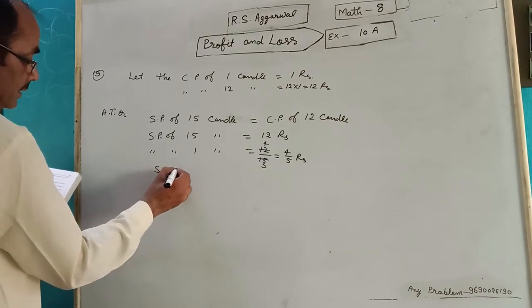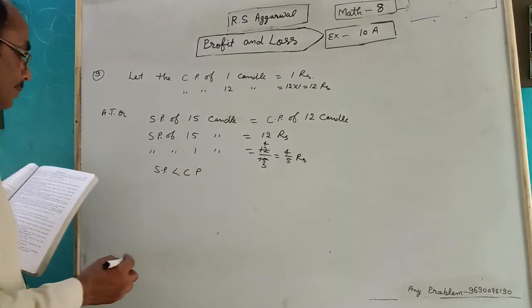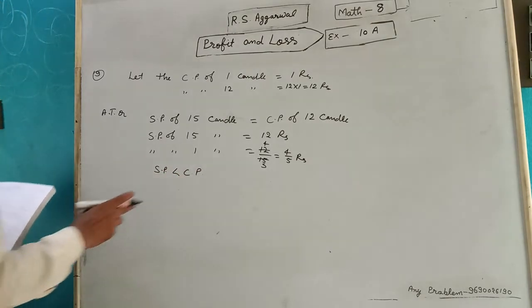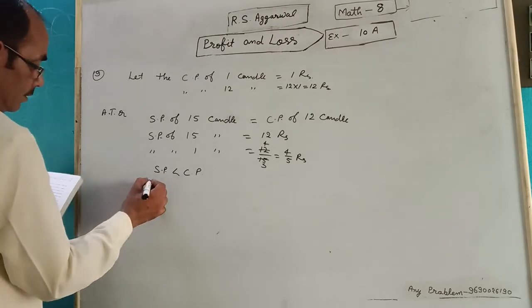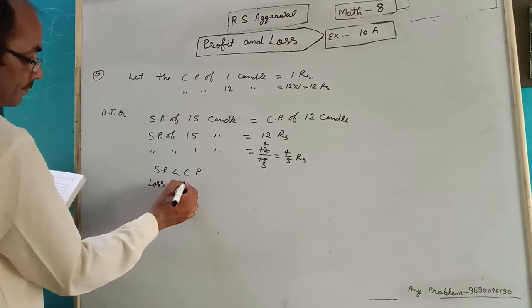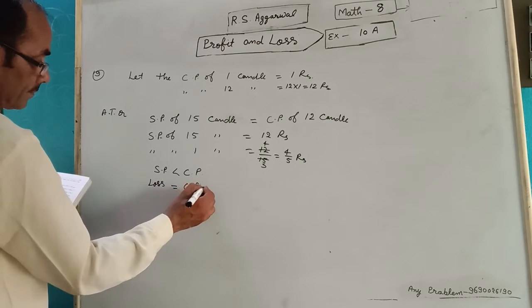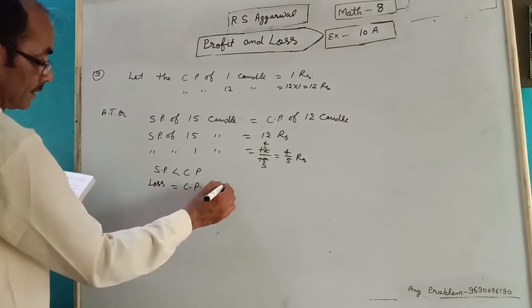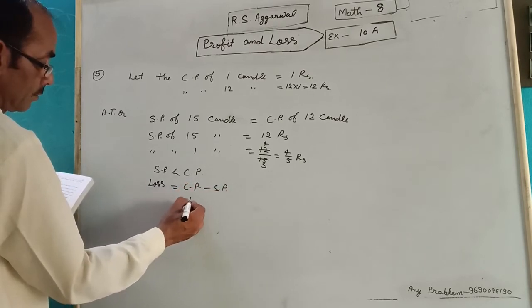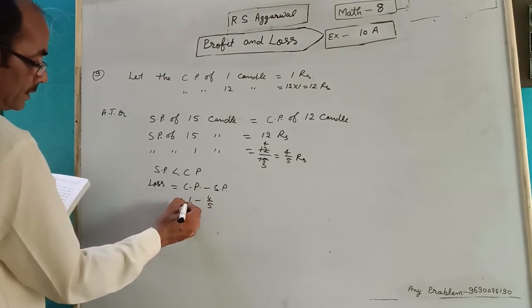SP is less than CP. Loss is equal to CP minus SP. CP is 1 rupee, SP is 4 upon 5 rupees.